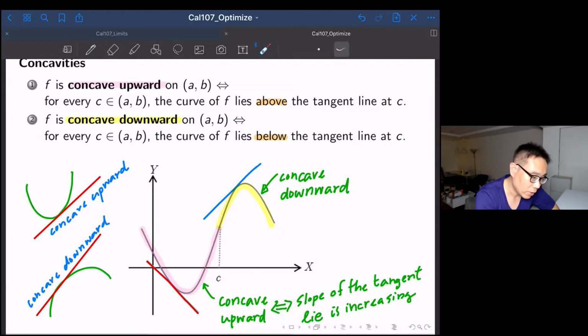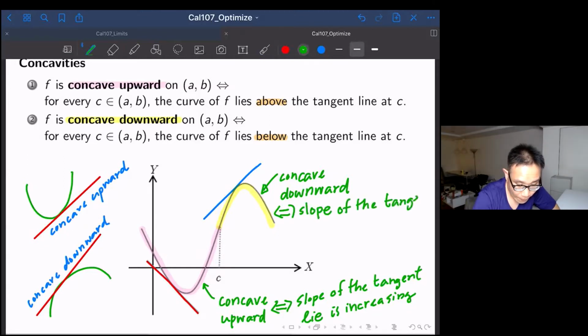So this is concave downward if and only if the slope of the tangent line is decreasing.